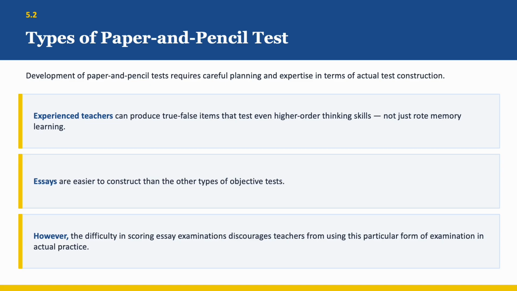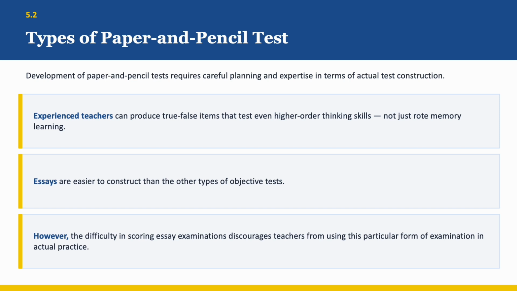And that difficulty in scoring actually discourages many teachers from using them in practice. So the irony is this. The test type that can best assess deep thinking gets avoided because grading it is a headache. That's something worth thinking about as future educators.